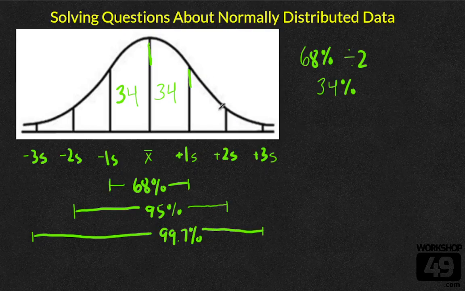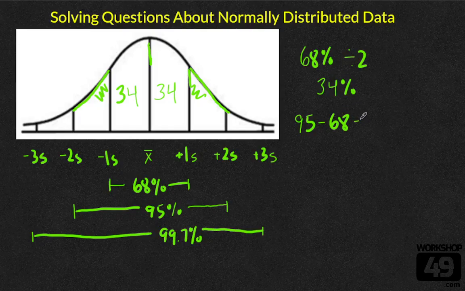We're going to look at the next little slice, and this is going to become helpful as we're solving these questions. So if I'm looking at this little sliced region right here, and this sliced region right over here, we know that from plus 2 to minus 2 is 95%. We know that from plus 1 to minus 1 is 68. So if I want to find how much is in these little regions here, we actually take 95 and subtract 68.